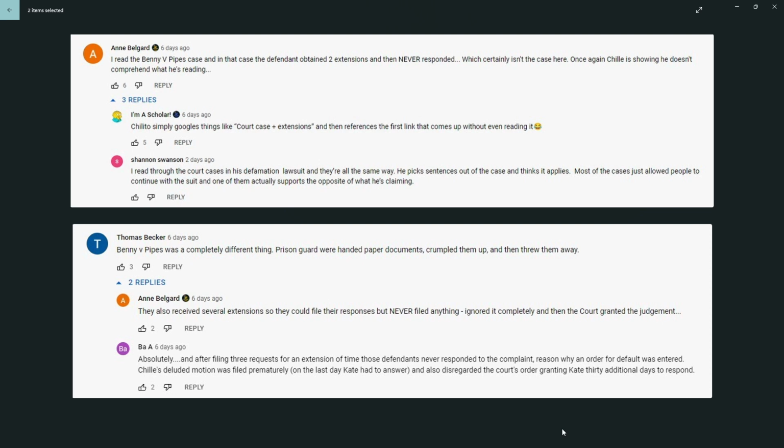It's all about facts and elements and relief. That's all. And you're too dumb to know that. So he picks sentences out of the case and thinks it applies. Most of the cases just allow people to continue with the suit, and one of them actually supports the opposite of what he's claiming. I don't know. So apparently Shannon is doing her Google legal analysis of the original complaint.